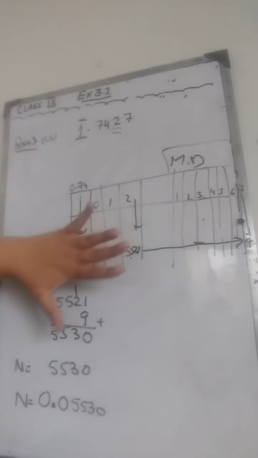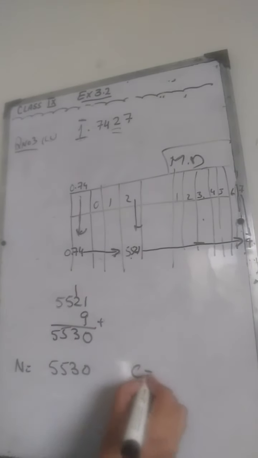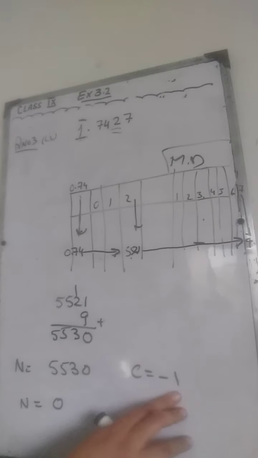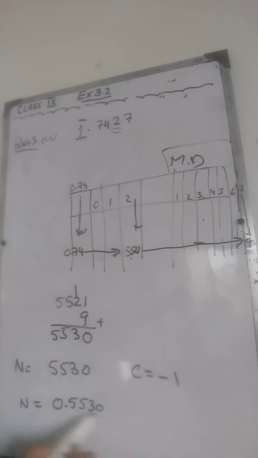We will look at the table in the same way until we get here. Now, as the characteristic is -1, we won't write any 0 before this number. We are just going to put the decimal point and write this number. There won't be any 0 between them.